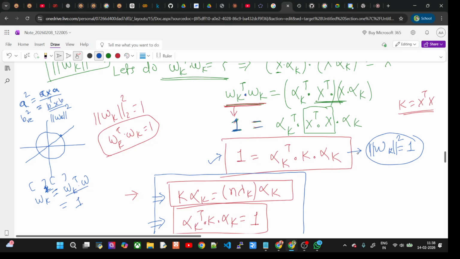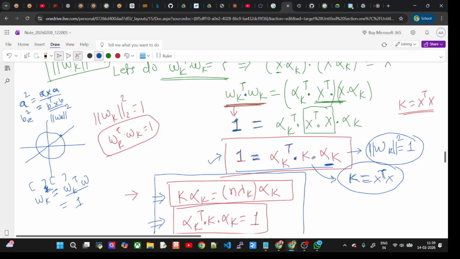You take one alpha k and check whether it satisfies alpha k transpose k into alpha k equal to 1. If it gives 1, then you choose that alpha k. That's all. And k is equal to x transpose x.